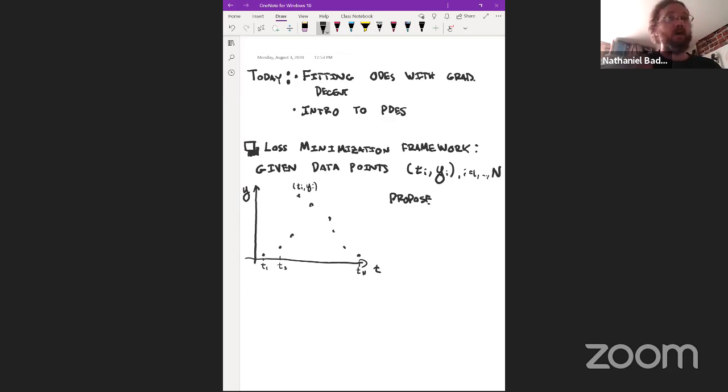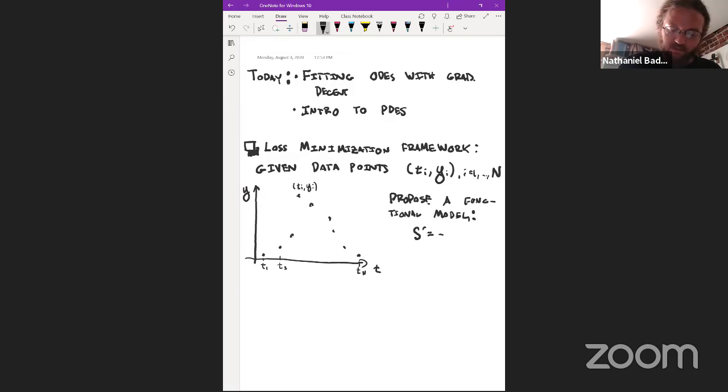Okay, so then we're going to propose a model. Specifically, we're going to propose a functional model here. And in this case, the functional model that we propose is going to be something like the SIR model, right?